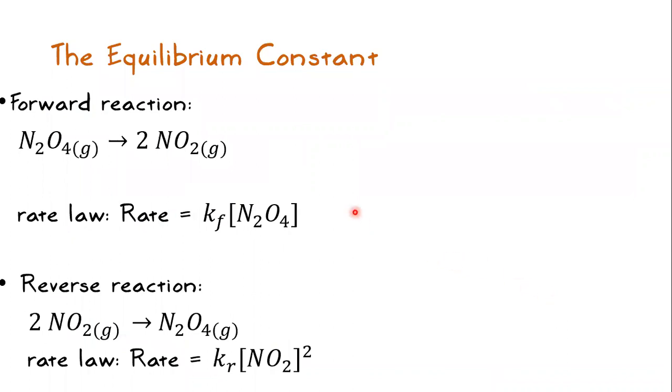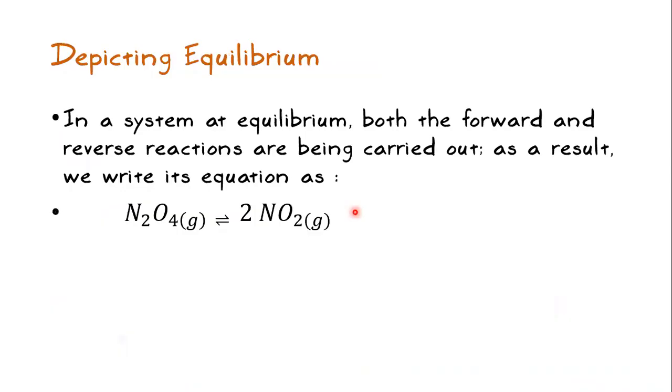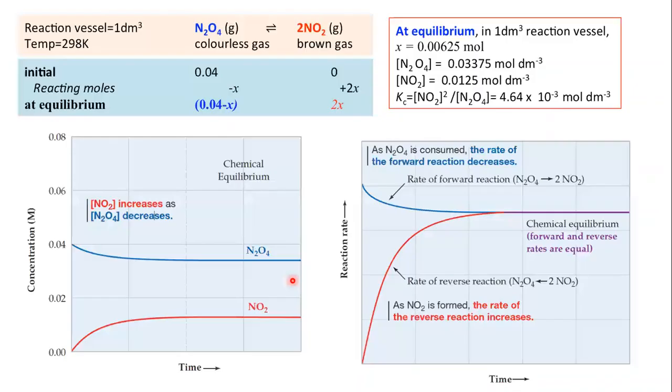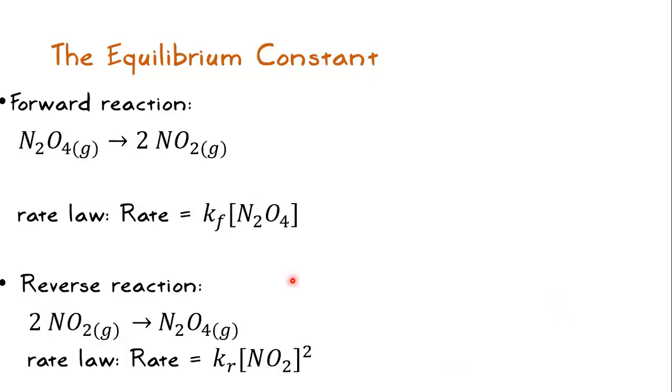Okay, if we split this equation into forward and reverse reactions, we get the first equation this way: N2O4 going to 2 moles of NO2. The rate law will be the rate for the forward reaction, and I think we did this in our previous lesson. We are looking at the reactant here, so the concentration of N2O4.